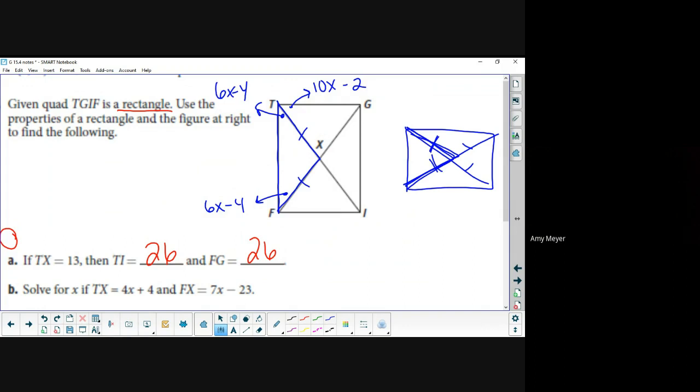It always happens in a rectangle that you have isosceles triangles. Now you can kind of see what he was saying. This angle and this angle, because it's a rectangle, we know this whole thing is 90. So these would have to add up to 90. Let's write that down. These add up to 90.